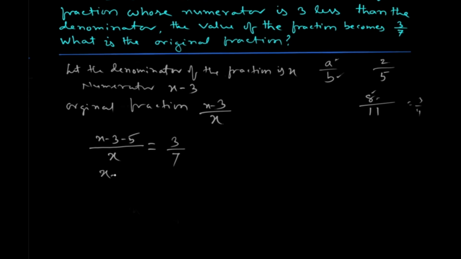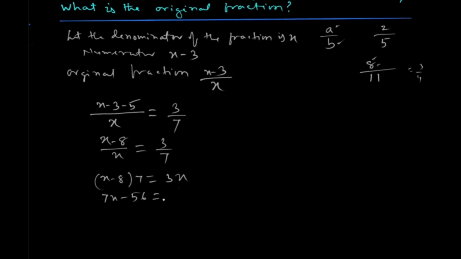Let us solve it. x minus 8 divided by x is equal to 3 divided by 7. So cross multiplying, x minus 8 into 7 is equal to 3 into x, that is 3x. So it will be 7x minus 56 is equal to 3x.